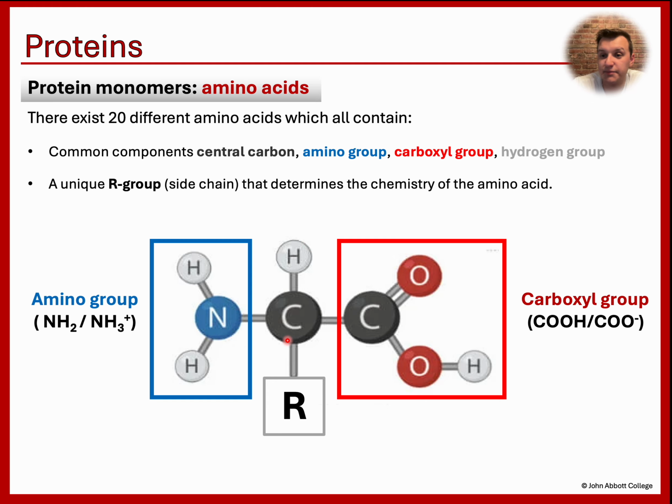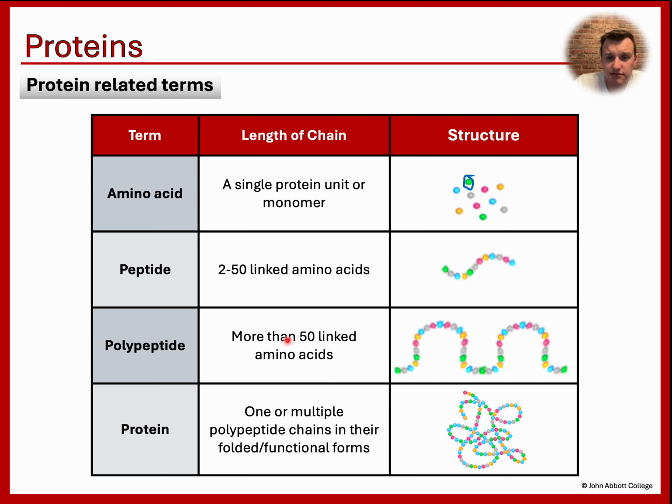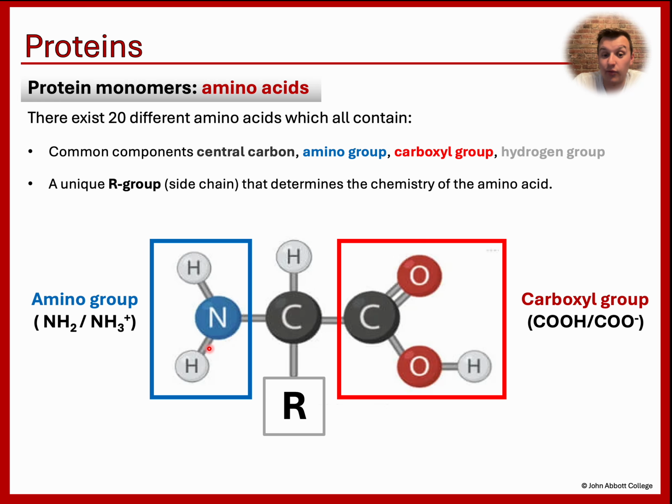That will always be there. Every amino acid, the blue one, the green one, the pink one, the yellow one here, will all have an amino group, a hydrogen, and a carboxyl group, but the different amino acids will all have a unique R group. This is called the side chain, and that will determine the chemistry of the amino acid.